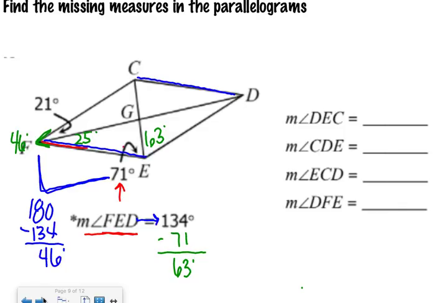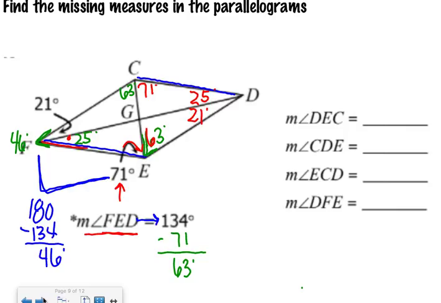So if this guy right here is 71, well, this guy right here is 71. This angle right here is 63, well, its alternate interior is also 63. And same thing with my other angles on the opposite sides. 25 right here gives me 25 right there. And lastly, 21. Because remember, parallel lines give us some congruent angles.